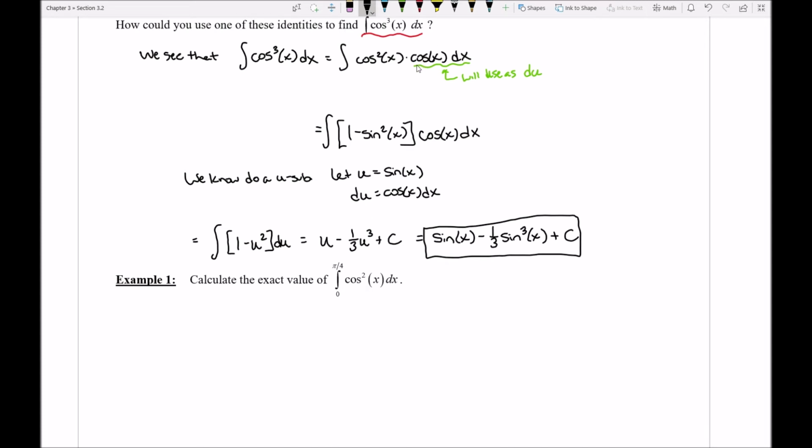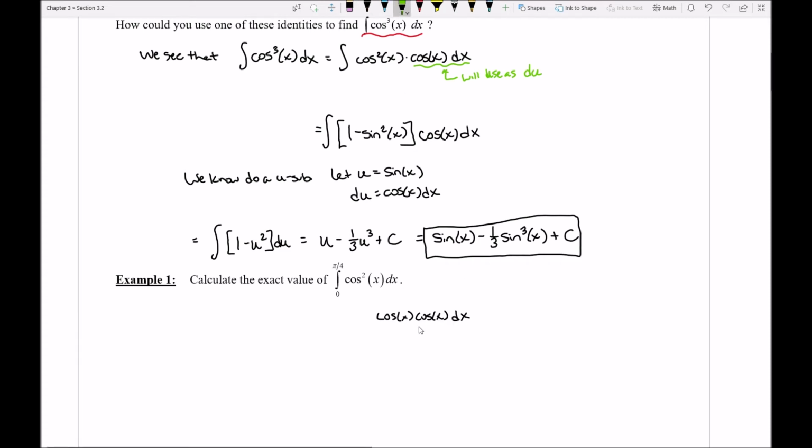But notice, I can't really start by creating a green something that I'll end up using as a du. Because notice if I try to separate this out into a cosine and a cosine, that would leave me with something like a cosine of x, another cosine of x, and a dx.